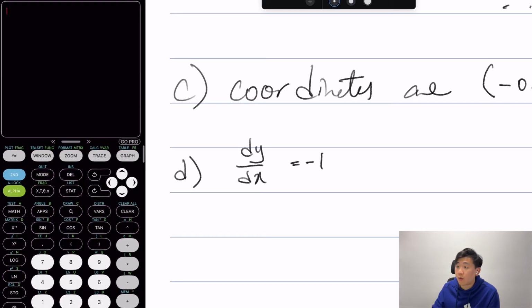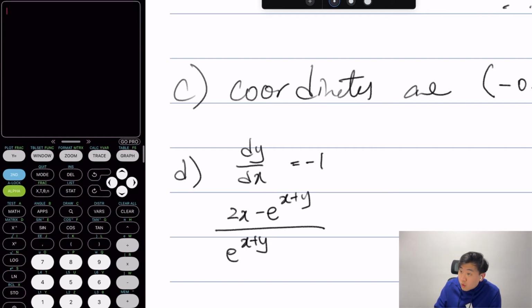Then we copy down our dy/dx, which is (2x minus e to the power of x plus y) over (e to the power of x plus y minus 2y) equals -1.